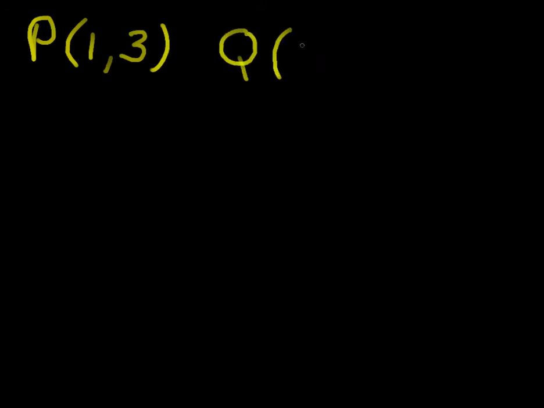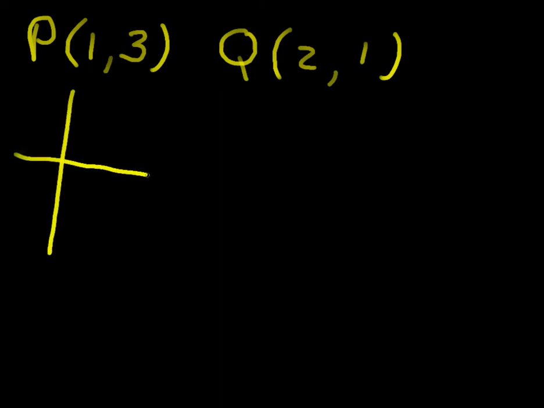So let's compute the slope of a line between 2 points. Let's say between the points, we'll call, I don't know, P, 1, 3, and the point Q, 2, 1. So we can draw the graph of what this looks like.